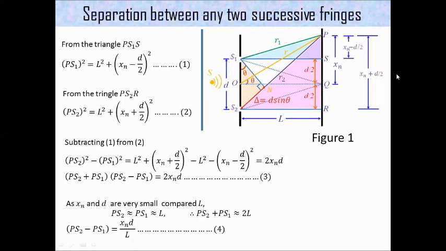In figure 1, PS2 minus PS1 is the path difference between the waves traveling from the sources S1 and S2 to the point P on the screen.